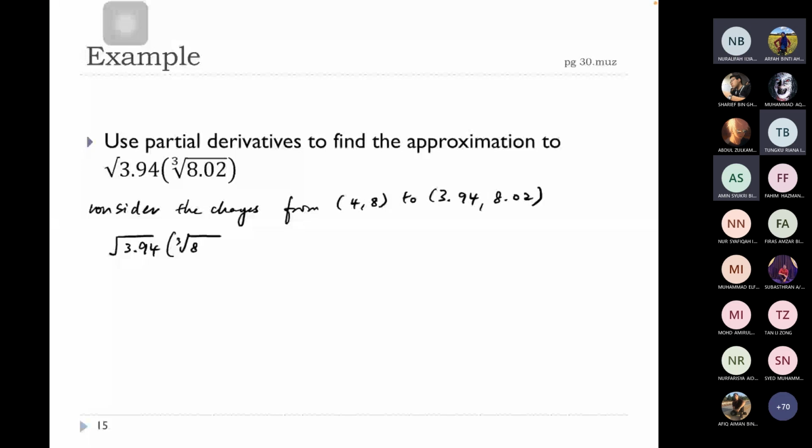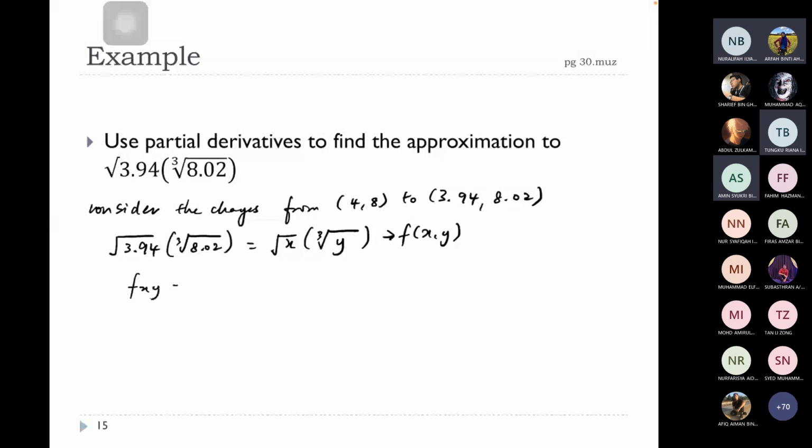This one as x multiply punca kuasa 3 y. Okay. So your x will be 3.94 kuasa 1/2, yang your y will be punca kuasa 3 y. So this is your f(x, y). Okay.